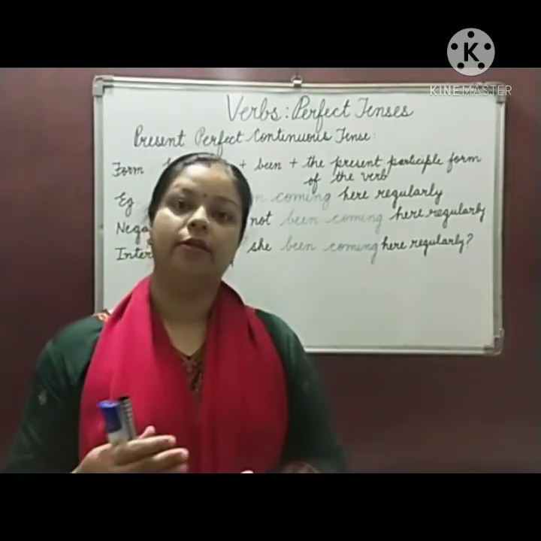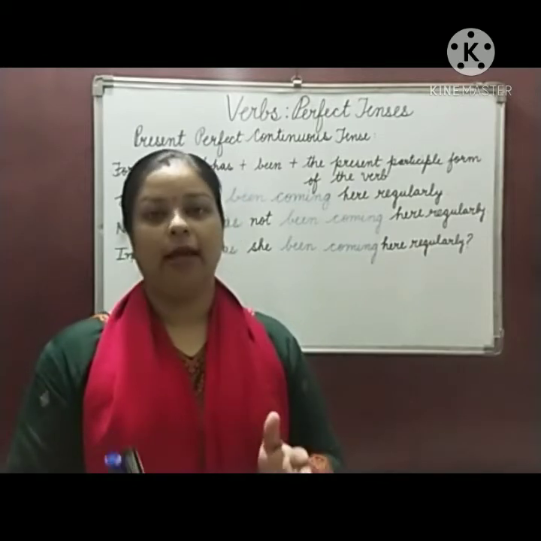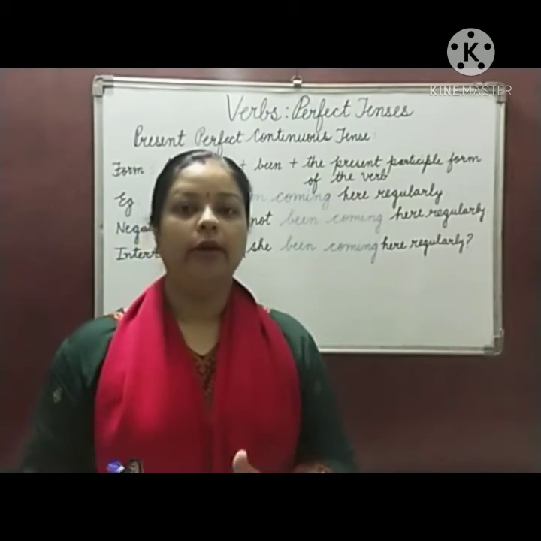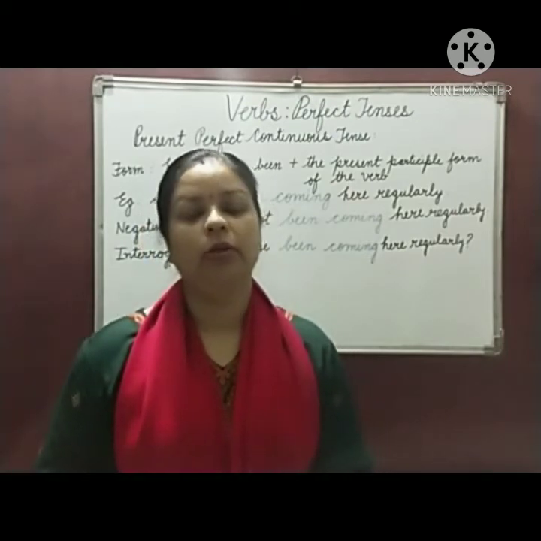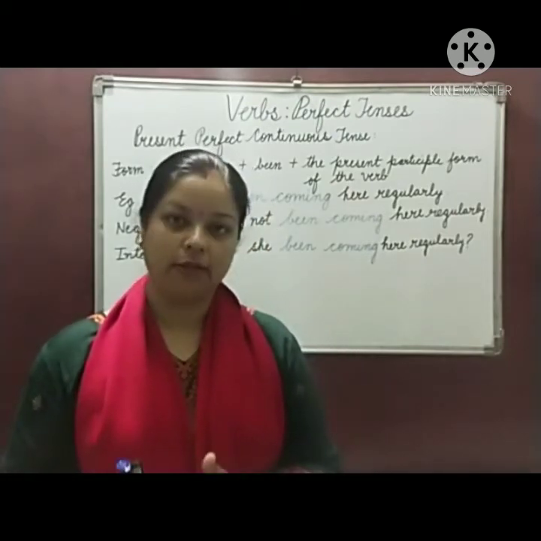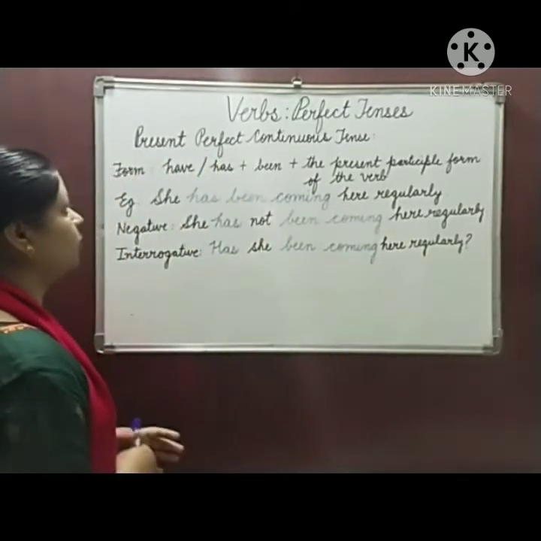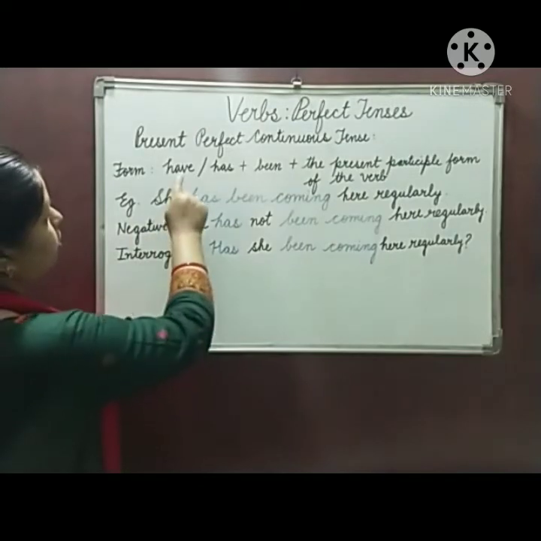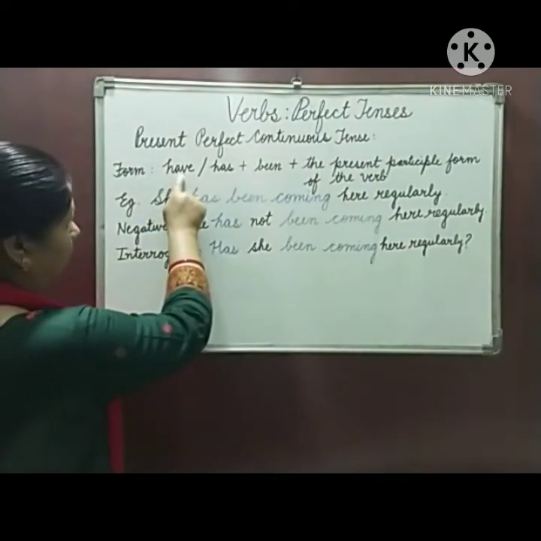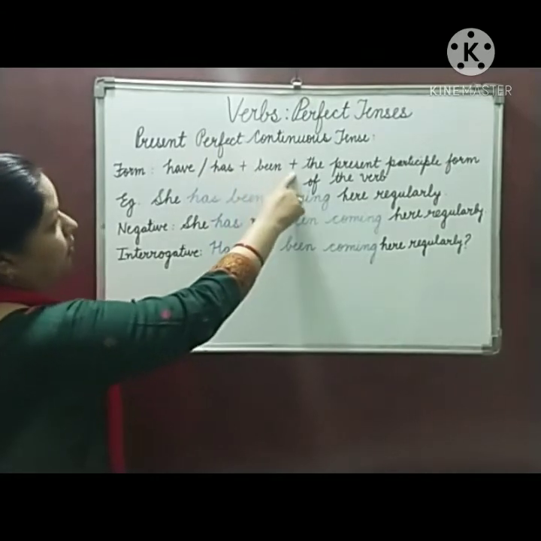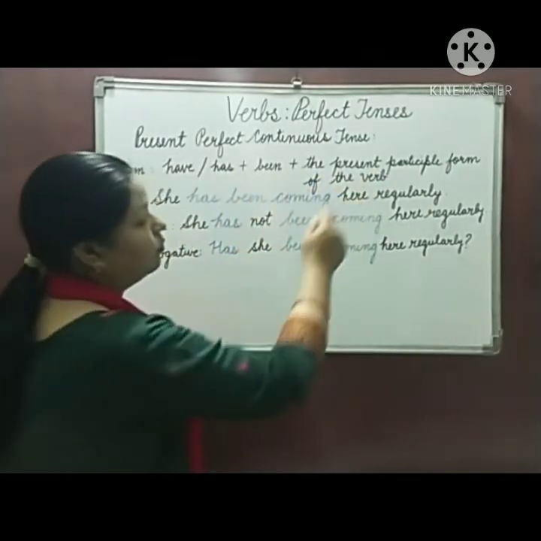When something is spoken about, this action is still in continuation. So here we will see how the present perfect continuous tense is formed. For that we will see on the whiteboard once again, children, where we will use have or has plus been plus the present participle form of the verb.